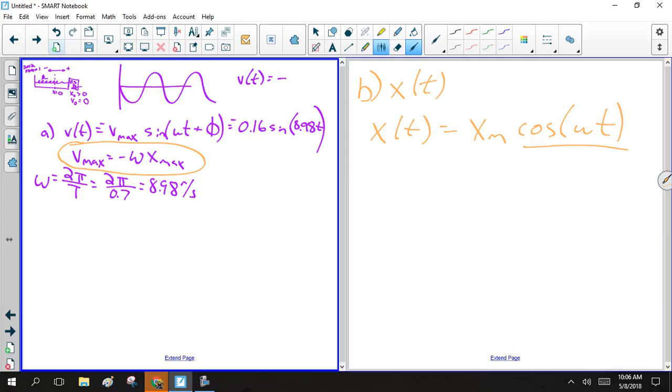Did anybody try to take the integral of this mess? You can do it, but you're making your life way harder than you need to, right? No, well, I did something even dumber. I found k first, and then I found x max using EPE is equal to one half k x squared. Okay. Did it work? Yeah. So yay, physics, right? And the easiest way to do it is to remember this, right?